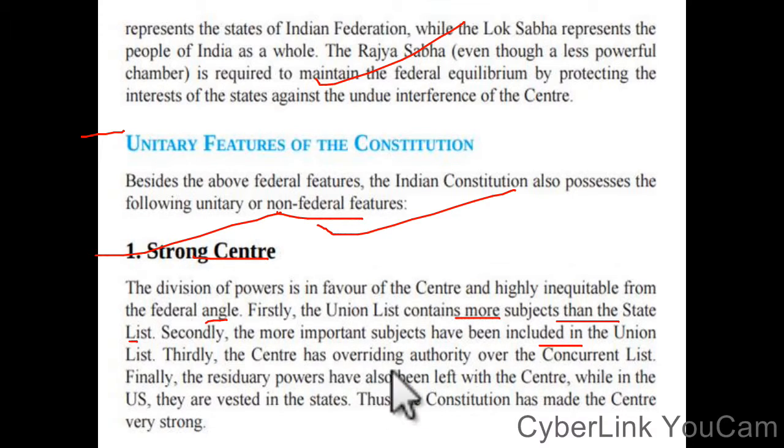Thirdly, the center has overriding authority over the Concurrent List. Finally, the residuary powers have also been left with the center, whereas in the US, they are vested in the states. Thus, the Constitution has made the center very strong.